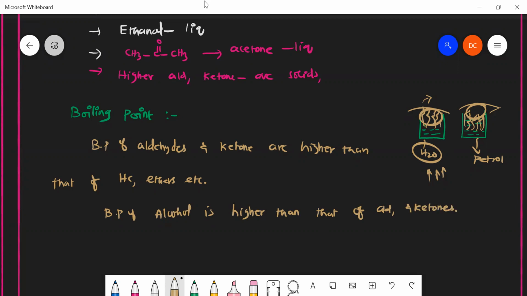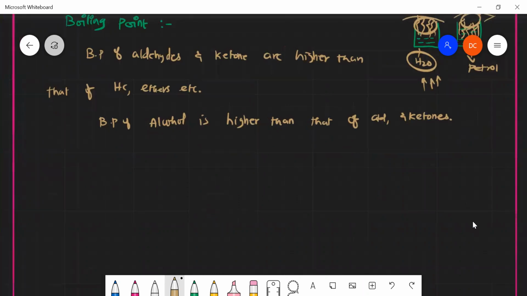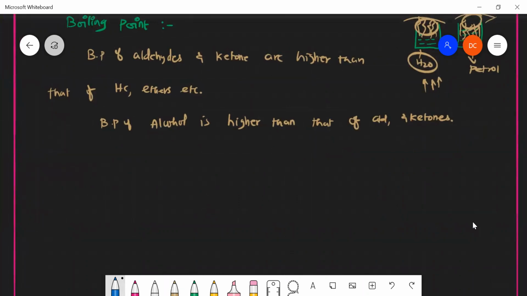So the ketones are in a mid position. Alcohol has the highest boiling point, after that aldehydes and ketones, and after that ethers and hydrocarbons. Aldehydes and ketones hold a mid position between alcohols on one side and ethers and hydrocarbons on the other.